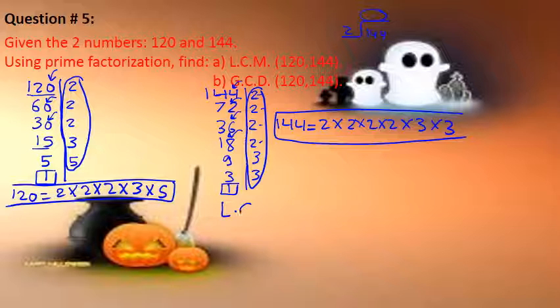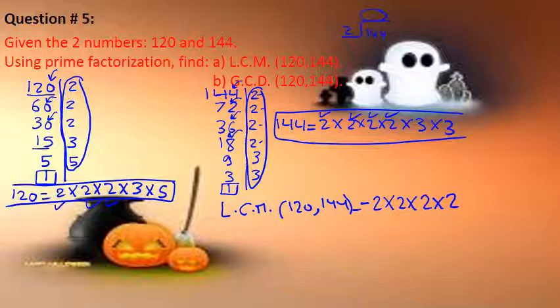Now to find the LCM of two numbers by prime factorization, we should choose the more common prime factors. We have 2 three times, and we have 2 four times. Which is more? 2 four times, so we take 2 times 2 times 2 times 2.